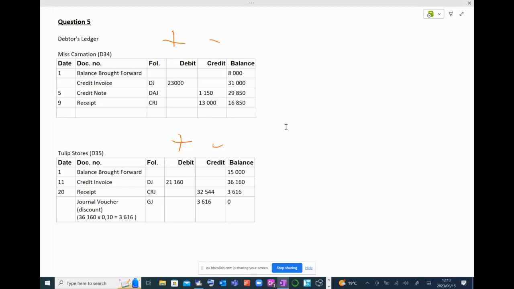For one? Yes? Yes. So that's what they owed us on the first day of the month. Yes, they bought more goods. Read the transaction.